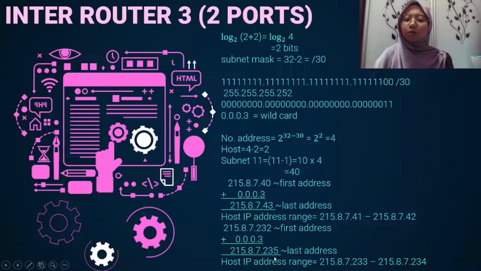So our host IP address range is 215.8.7.233 to 215.8.7.234. For this, from the first address we just plus 1, we got 233, and we got this from the last address, 235 minus 1, we got 234.